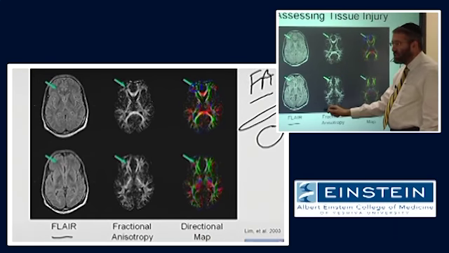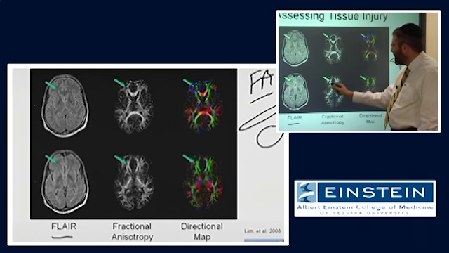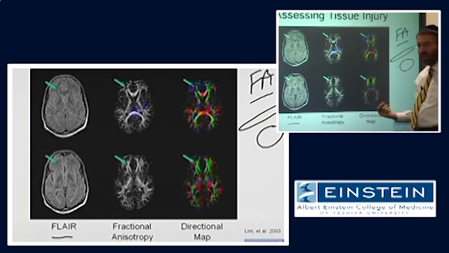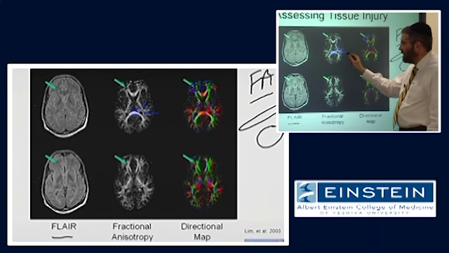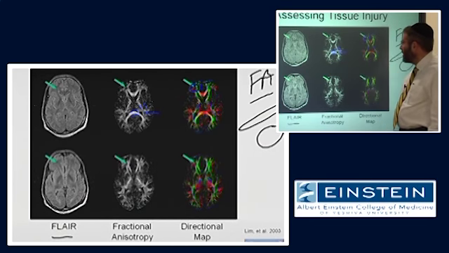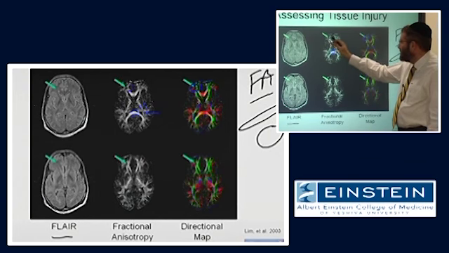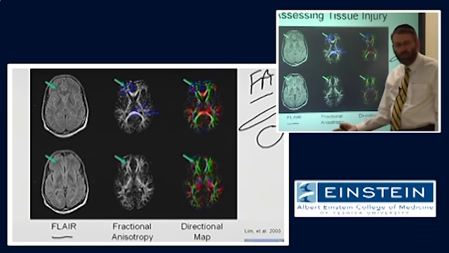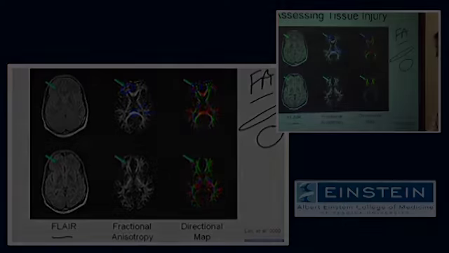And this image is a grayscale image of anisotropy, showing you that in normal white matter, such as the corpus callosum, internal capsules, we have very high fractional anisotropy, very low in the ventricles. So we expect normal white matter to have this very high fractional anisotropy. And you can actually see that there is a hole in the fractional anisotropy map in this patient, resulting from whatever the white matter pathology happens to be.